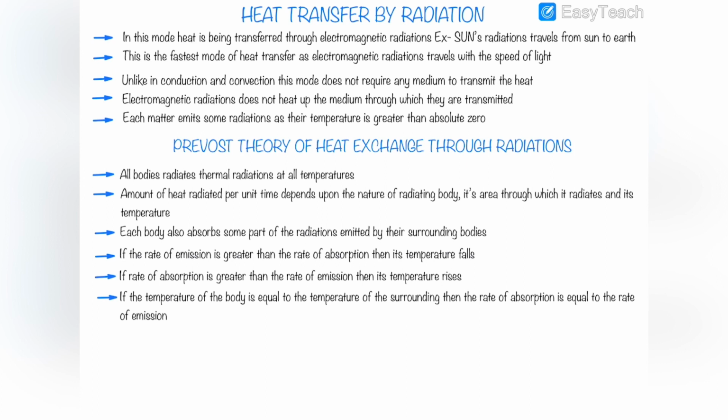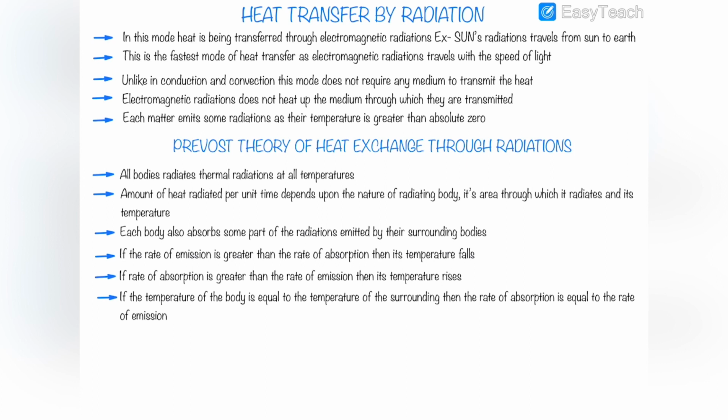Our body also emits some electromagnetic radiations, and therefore when we sleep and cover up our body with a blanket, the radiations emitted by our body are trapped inside that blanket, or the heat is trapped inside the blanket. So the body is also a radiator.